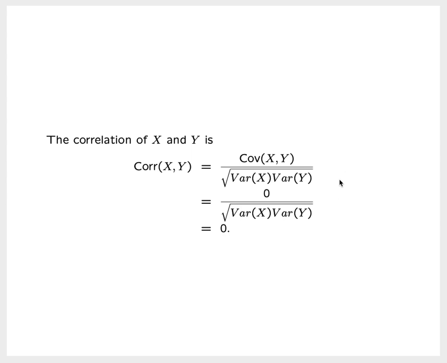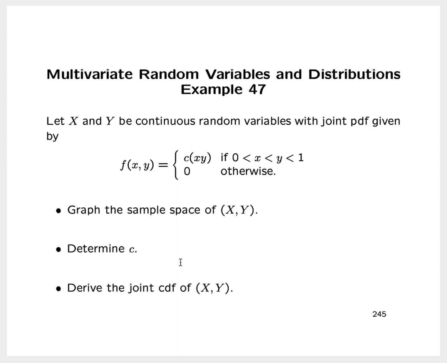They both have positive variance, and so we know that the denominator is not 0, and so this is defined, and it turns out to be equal to 0. So the correlation between x and y for this distribution is 0, and that implies that there is no linear relationship between the two random variables.